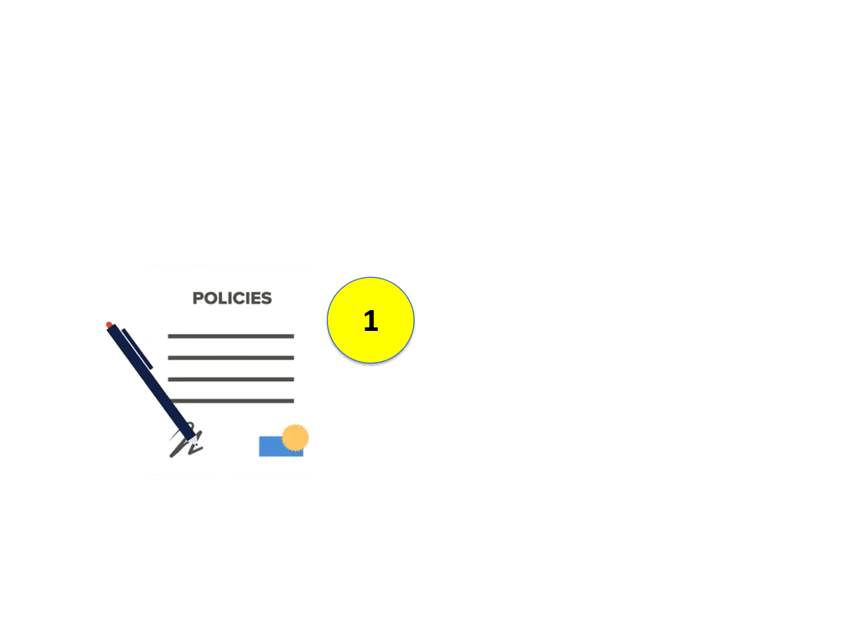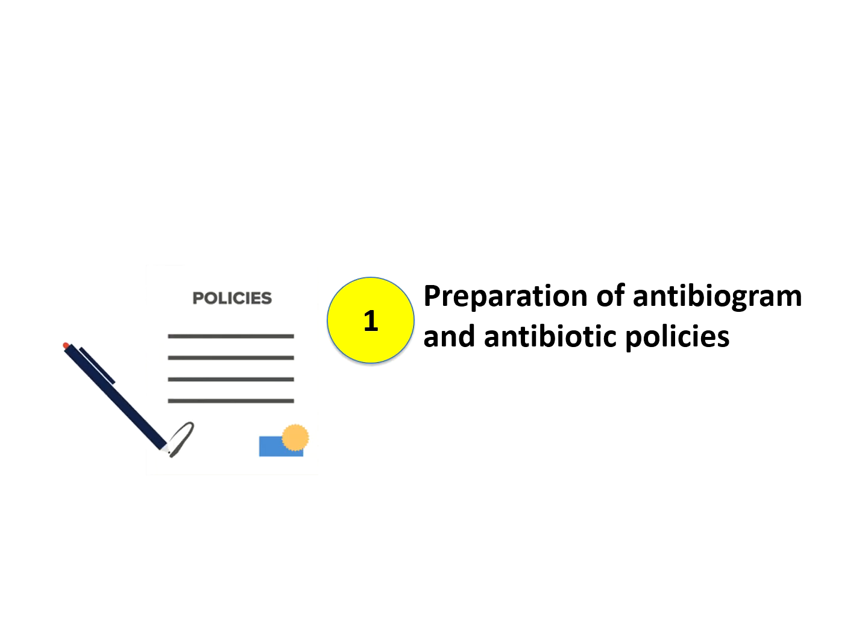First step is the development of antibiotic policy, and preparation of a hospital antibiogram. What is an antibiogram? An antibiogram is a summary of the sensitivity profile of the organisms prevalent in your organization.